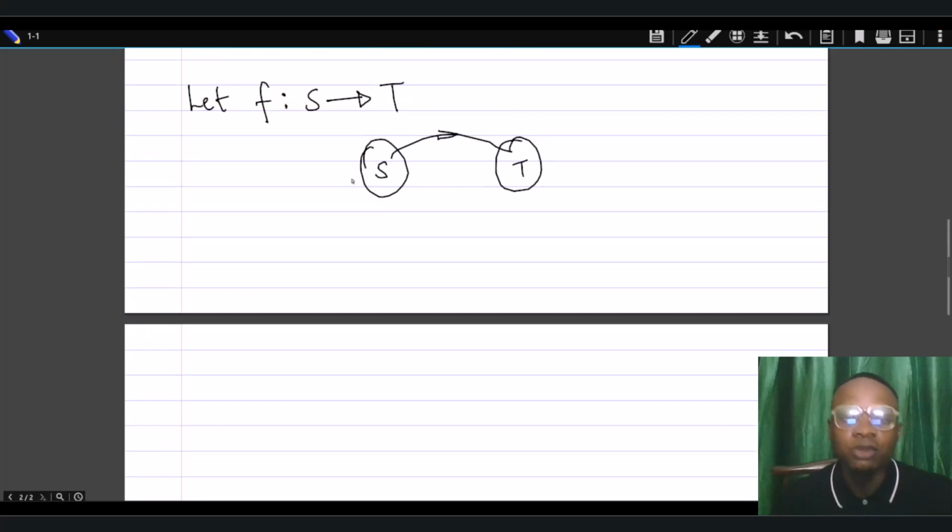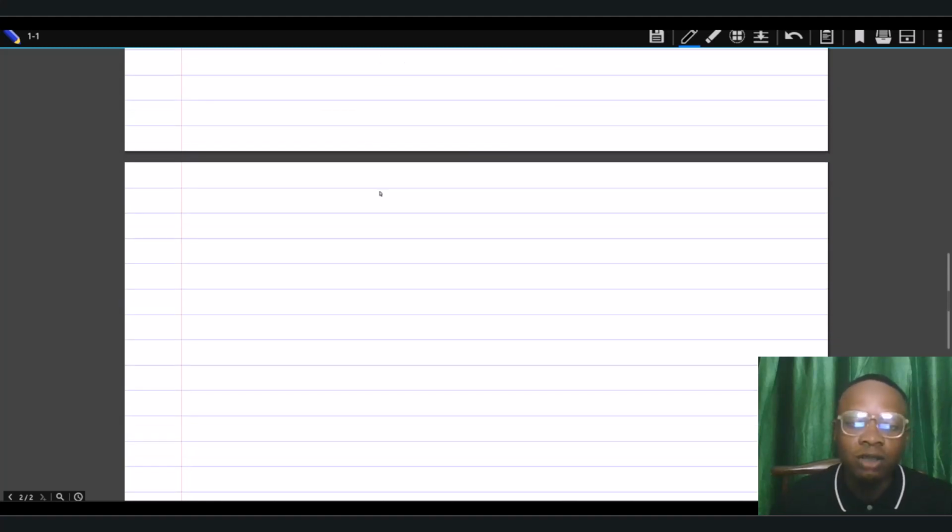In the case of a function, every element in S, that is this domain, has a unique element in T. That means there is no element in S that will not have a corresponding element, or what we call an image, in T.